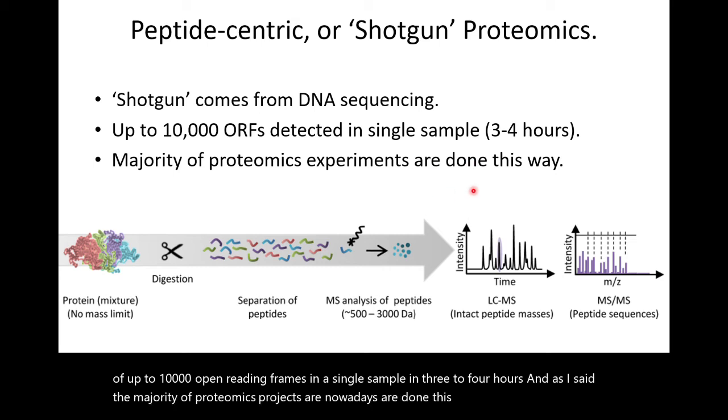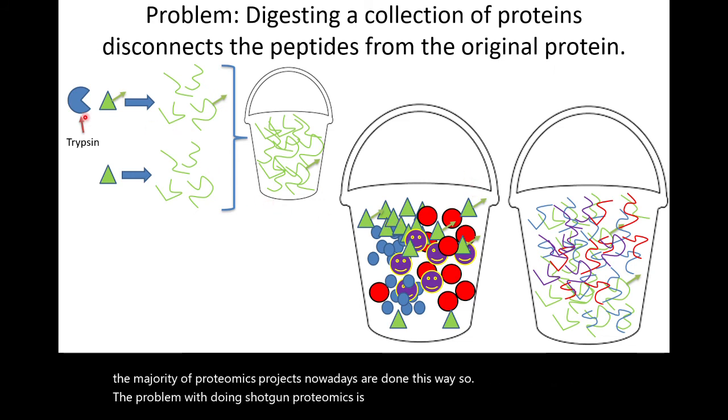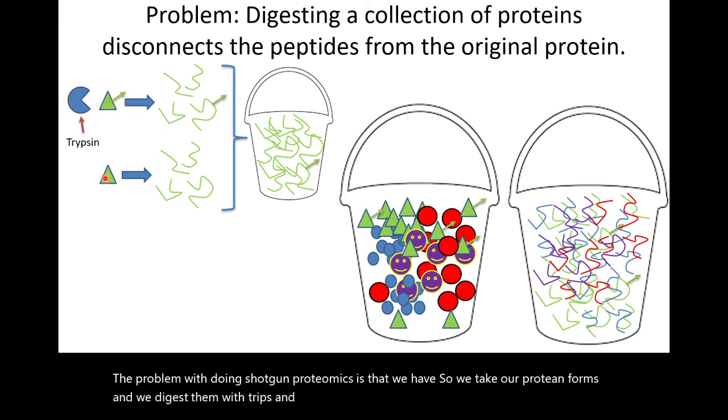So the problem with doing shotgun proteomics is that we take our proteoforms and we digest them with trypsin, and if we have two proteoforms that differ by PTM, they will create the same peptides, except for this one that's modified.